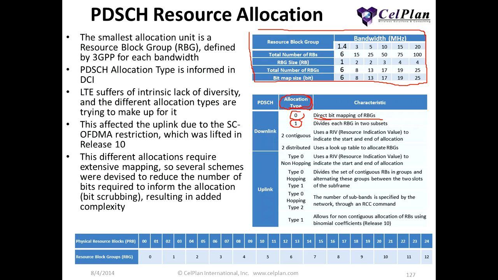But this didn't provide enough diversity, because for the whole subframe the use was the same. So they said, well, let's create another allocation type where we divide this in 2 subsets, and those 2 subsets are shifted, the slots are shifted, and consequently we will get some diversity.